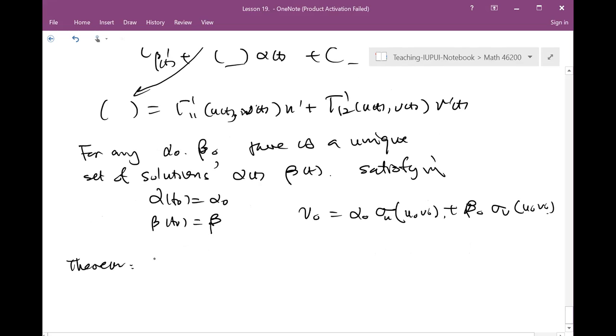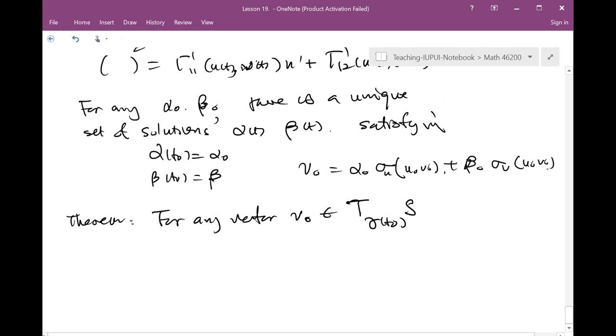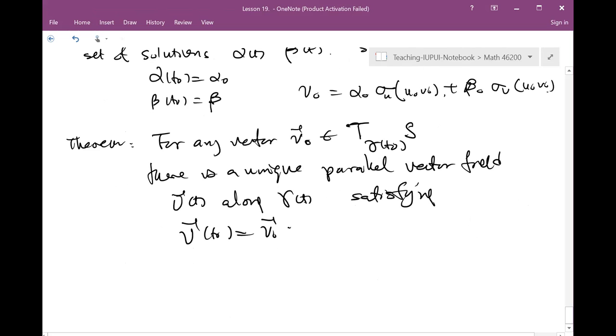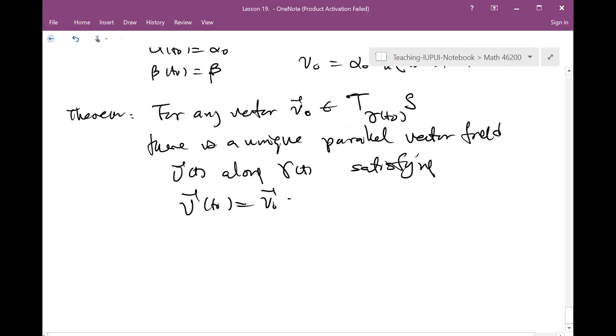For any vector v0, there is a unique parallel vector field V of t along gamma of t satisfying the given initial condition.